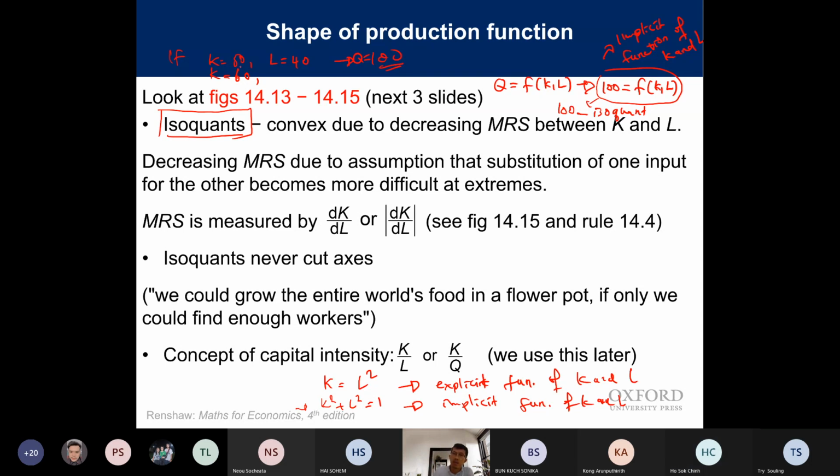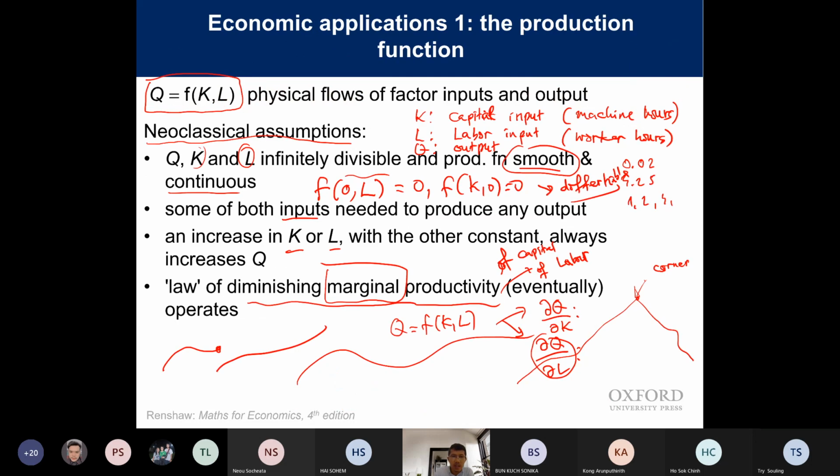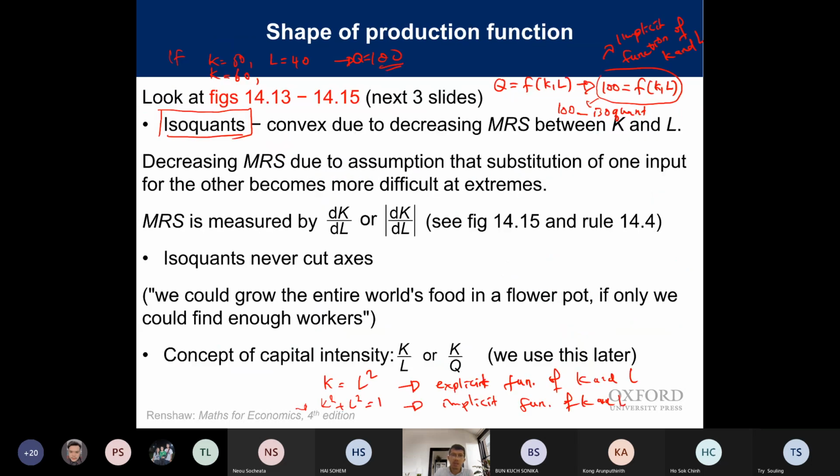Because by the assumption we have, the third assumption, increasing one of them while the other remains constant will always increase the quantity. So to observe this assumption, if you choose K to be 50 and L to be 40, that results in an output of 100.